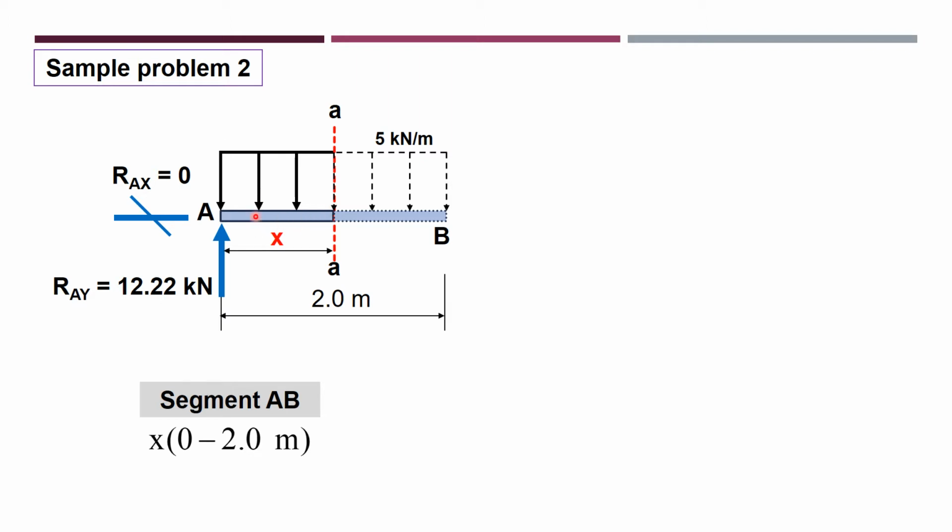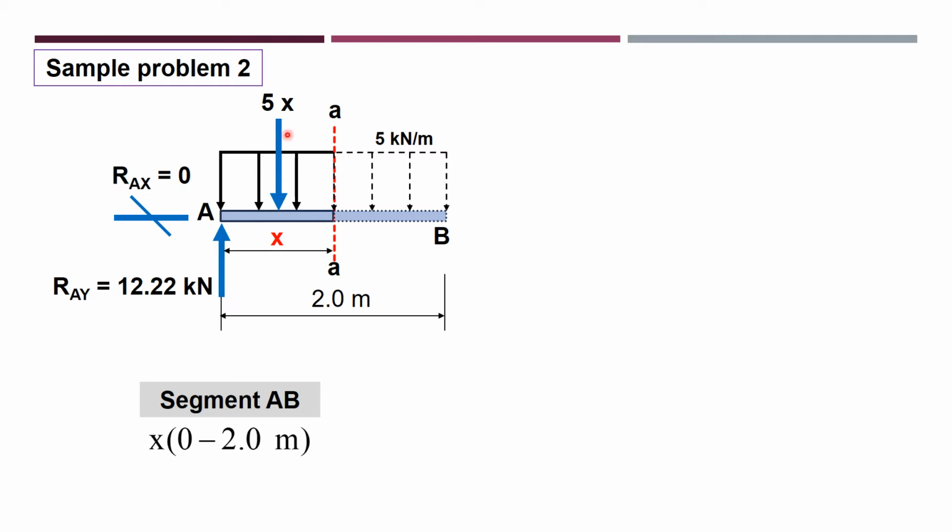So you need to get the equivalent single force or resultant of this uniformly distributed load para pwede nating i-add dito sa ating concentrated load or reaction na vertical load or vertical force sa A. So to get the resultant, we will simply multiply the magnitude of 5 kilonewtons per meter by distance x. So that is 5x.